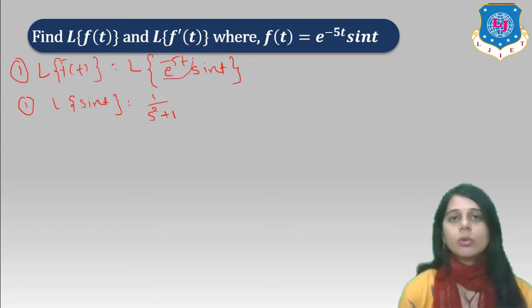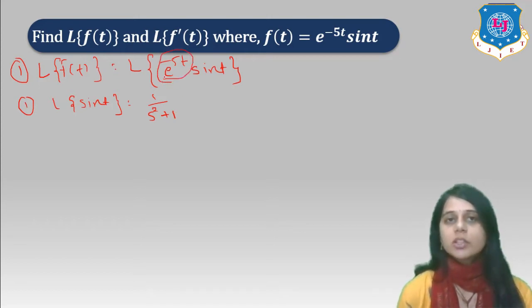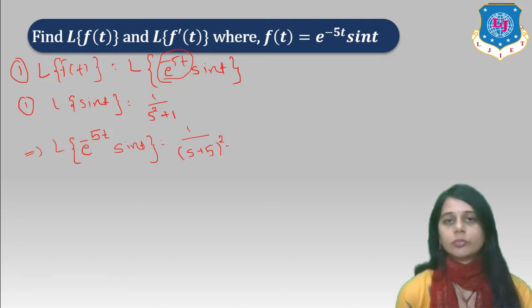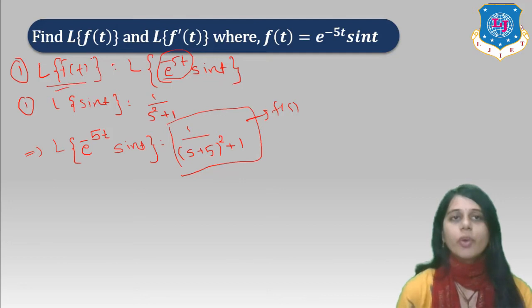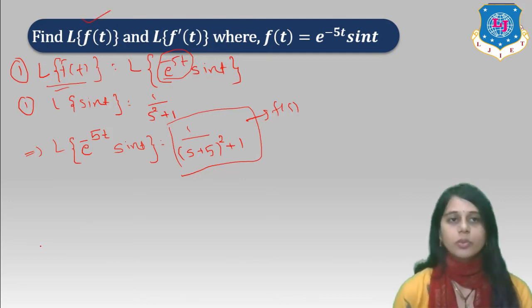But due to the function multiplication by e raised to minus 5t, we apply the first shift theorem. So this is your answer for F of s. So we found first Laplace of f of t.